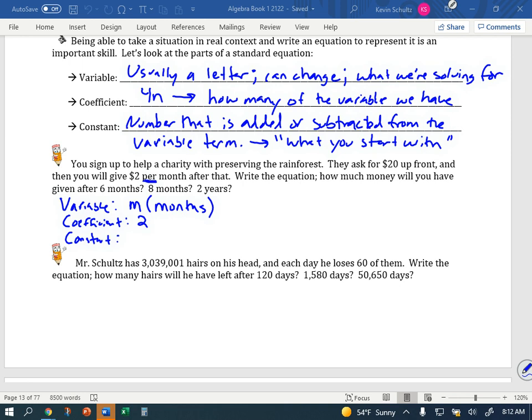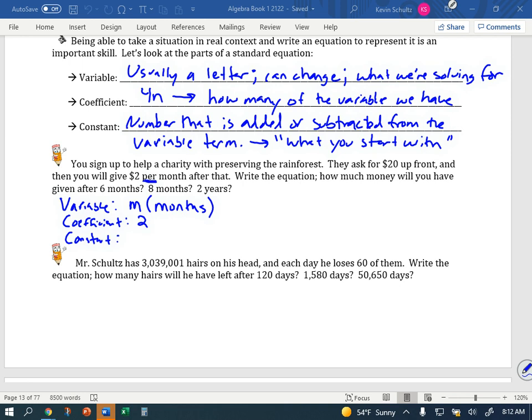Claire? I have a question. Yes. Isn't the variable usually money because you're trying to figure out how much money you use? Let me clarify that. So the total money given is ultimately what we're finding here with this equation. But the variable, what can change, we're testing it after 6 months, 8 months, and 2 years, right?